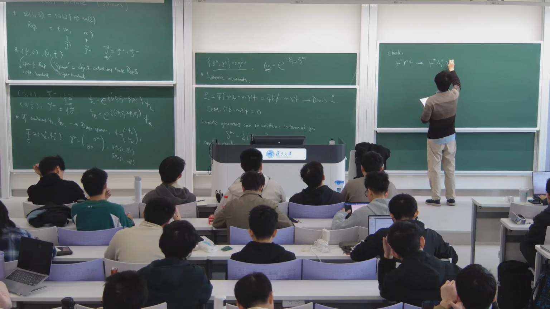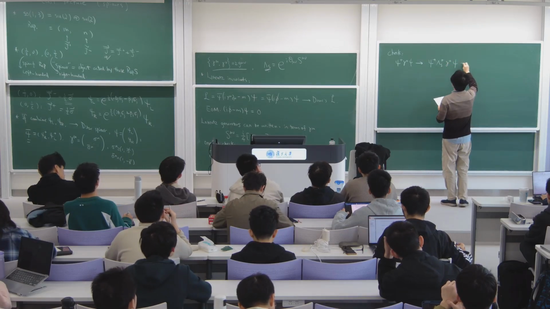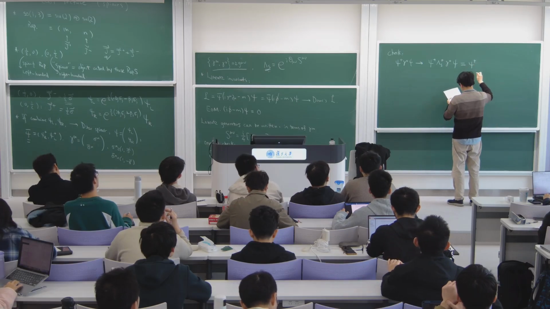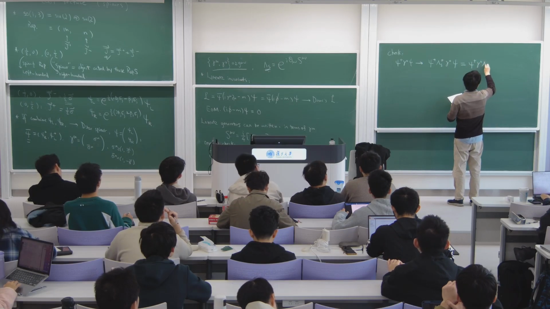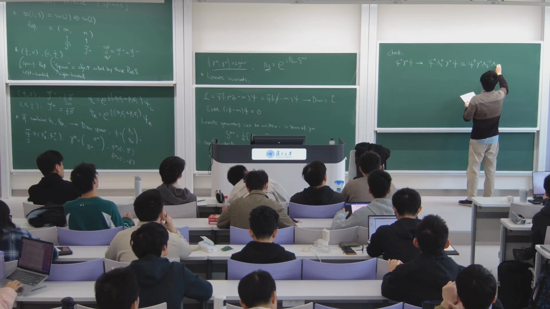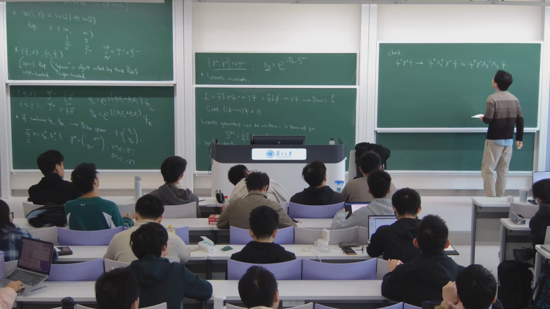Then there is gamma 0 psi. And you can show this is nothing but psi dagger gamma 0 Lambda s inverse Lambda s psi.